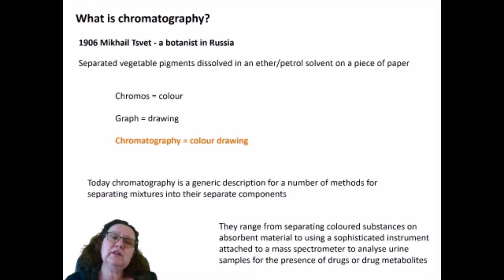And it was not until the 30s that the technique moved from paper to the more common type of chromatography we use today, which is thin layer chromatography using silica on a supported system. The name comes from chromos, which means color, and graph, which means drawing. So it literally means in Greek something like color drawing.